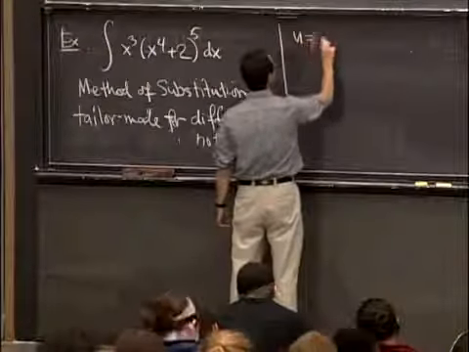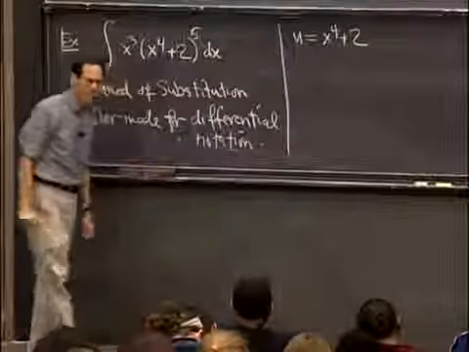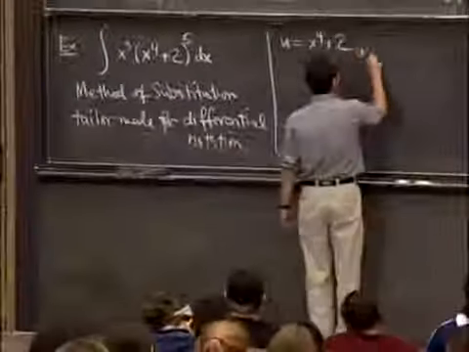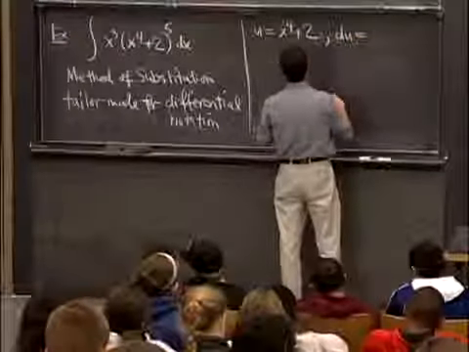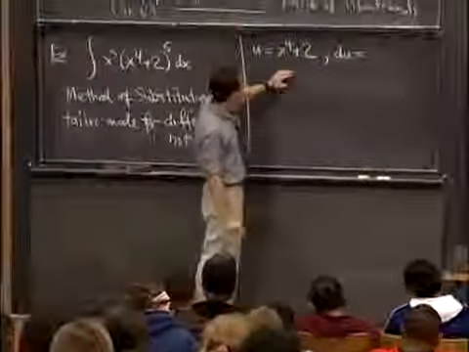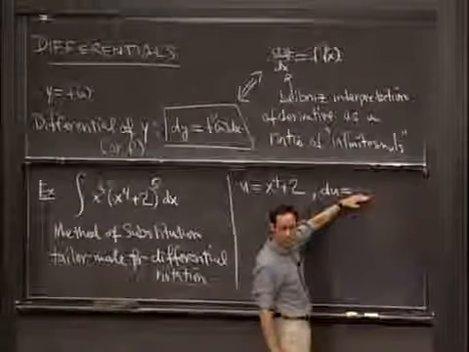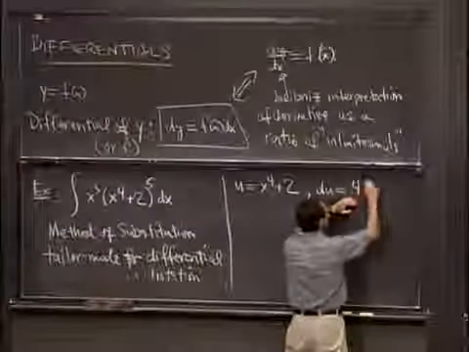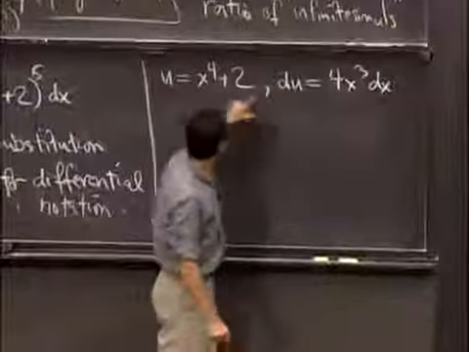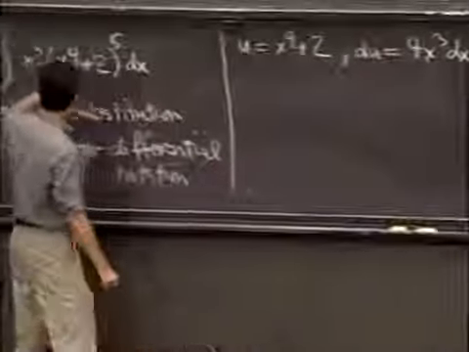It's u is equal to x to the fourth plus 2. And then I'm going to take its differential, and what I discover, using the rule for differentials, is that its formula is 4x cubed dx.